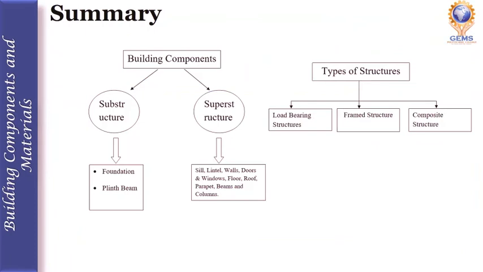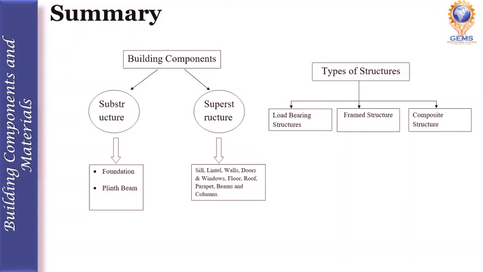We summarize what we saw in this video. First we saw about the building components, that is substructure and superstructure. Substructure is a structure that lies below the ground or plinth level.